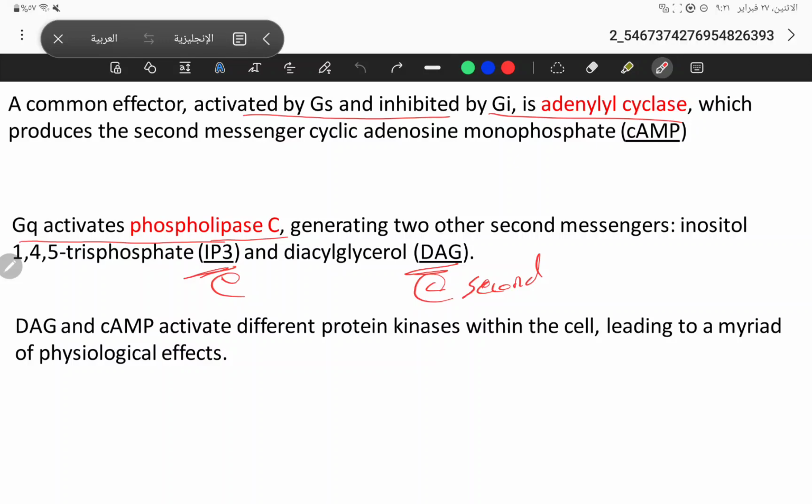Yes, phosphorylation. So DAG and cyclic AMP activate different kinds of kinases within the cell, leading to myriad linked physiological effects. If I have a certain abnormal condition, then I can give a drug to reorder the disorder or to bring out the normal function again.